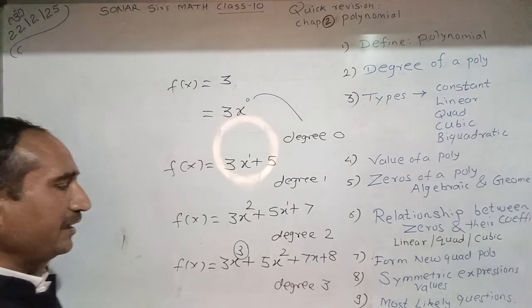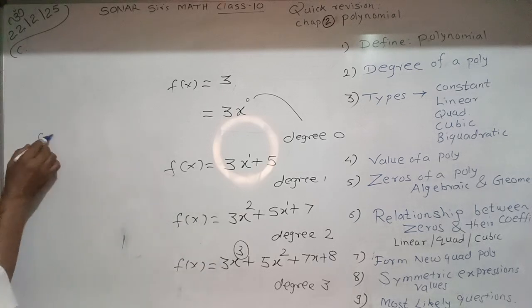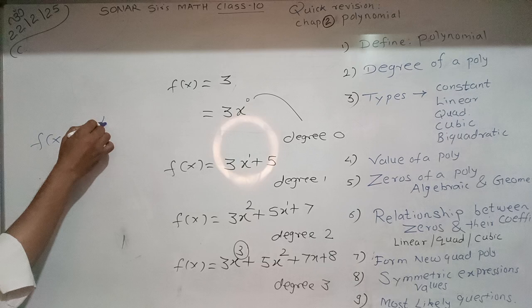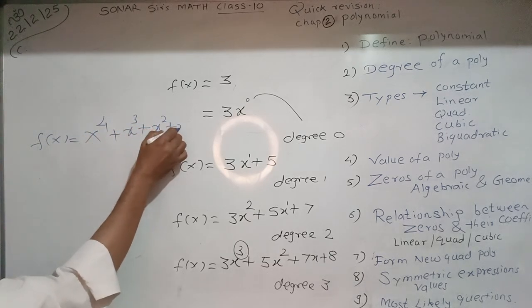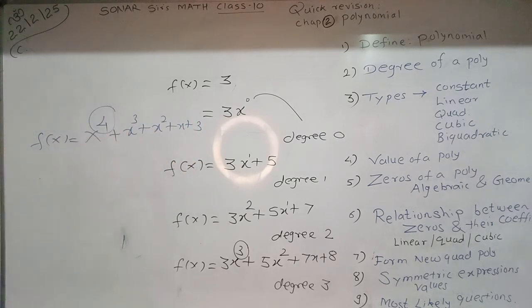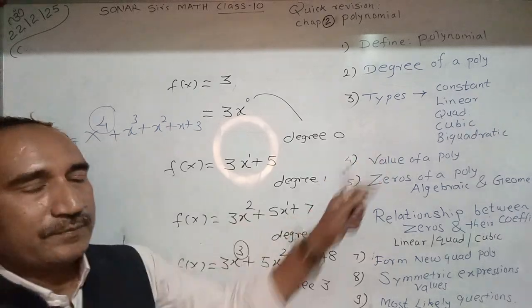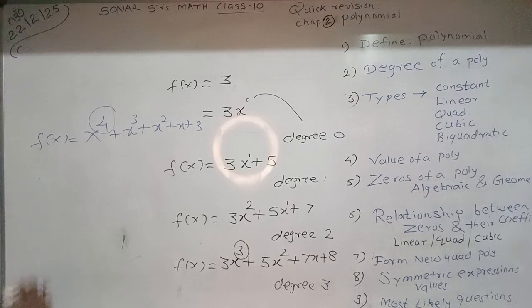Then the last one is biquadratic. Here the biquadratic is x raised to 4 plus x cube plus x square plus x plus 3. So highest power of the variable is 4. So this type of equation is called biquadratic polynomial.